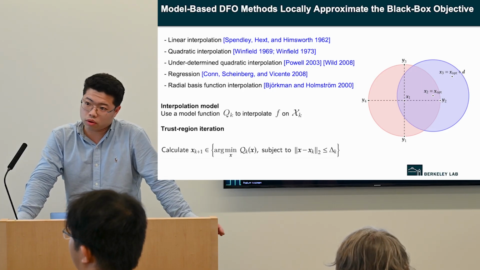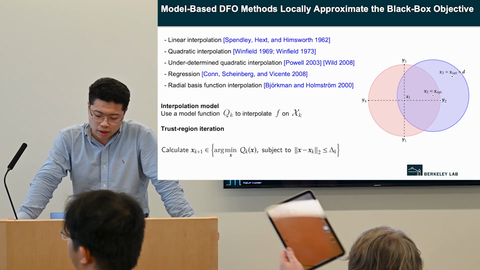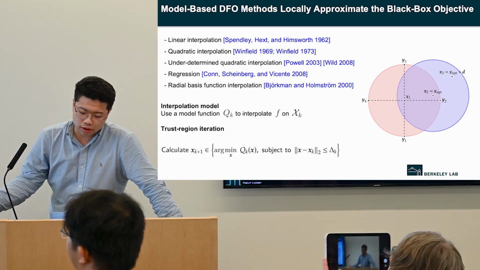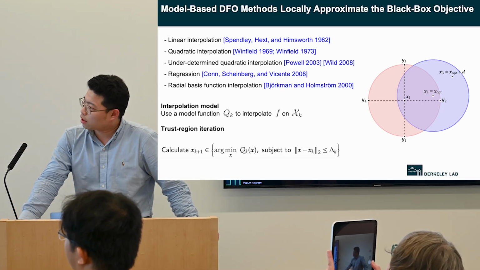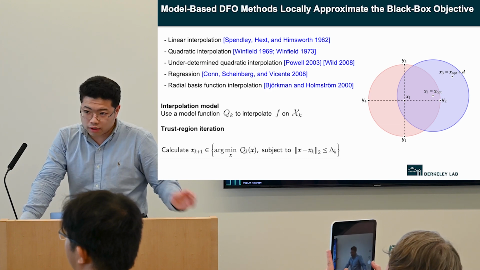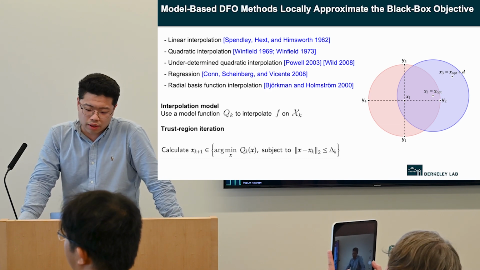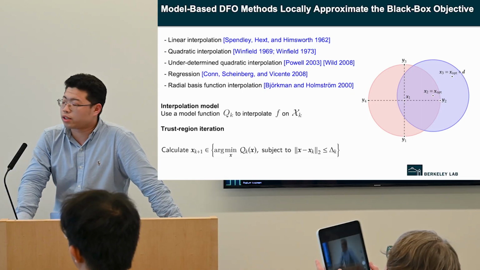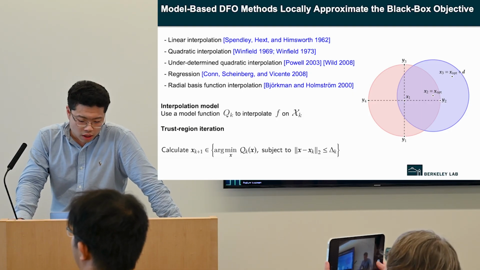One of the most popular ones is the model-based derivative-free optimization method. The main idea is that at each iteration step, we try to find the next iterate by minimizing a model function in a local trust region. Basically, there are two stages.